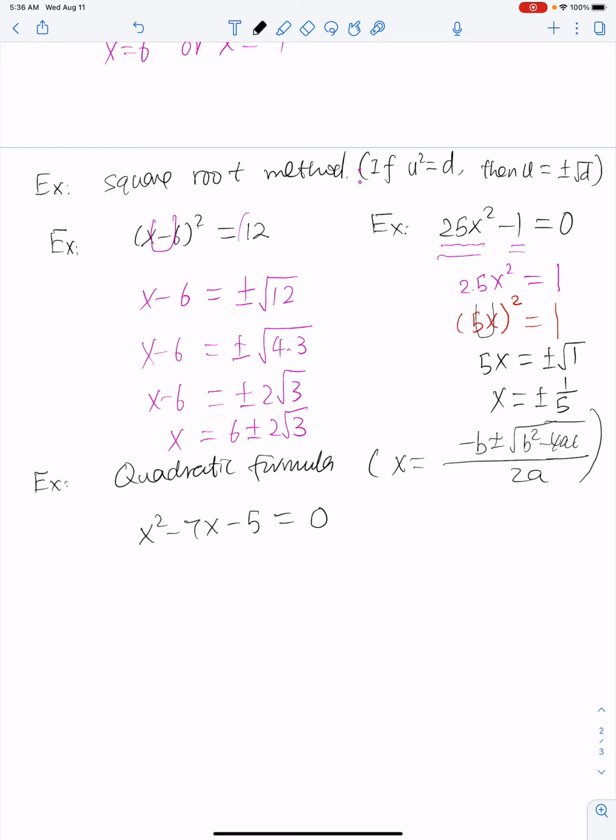The next one is the quadratic formula. I believe all of you already know this. What is the quadratic formula? x equals negative b plus or minus the square root of b squared minus 4ac, over 2a.